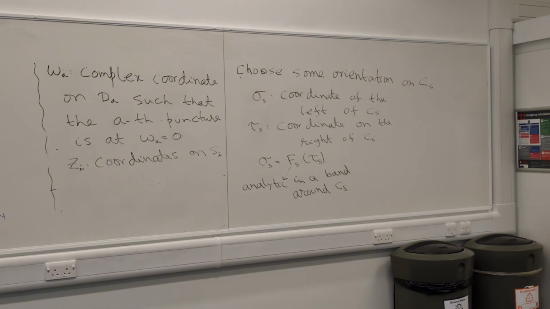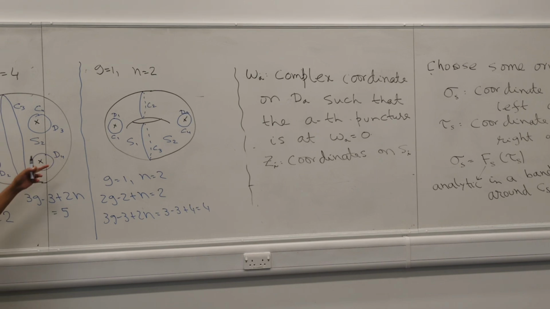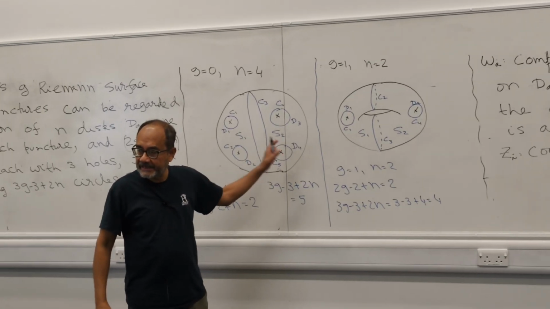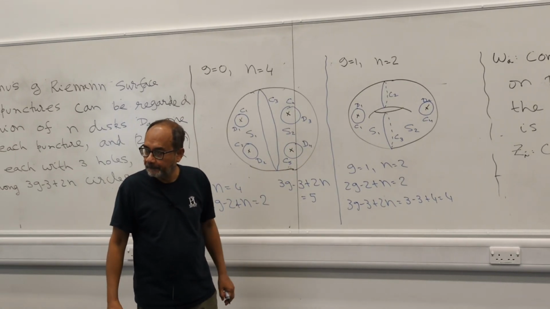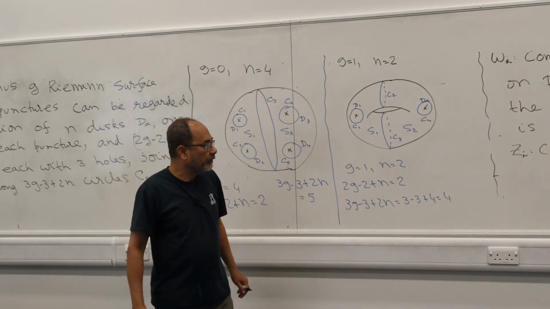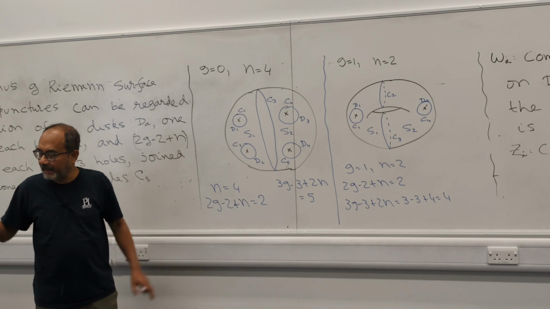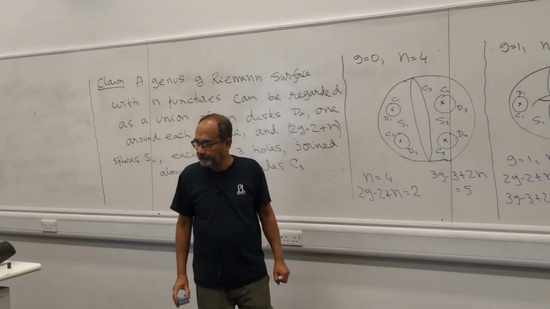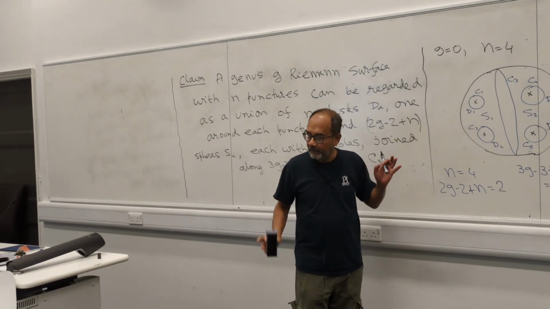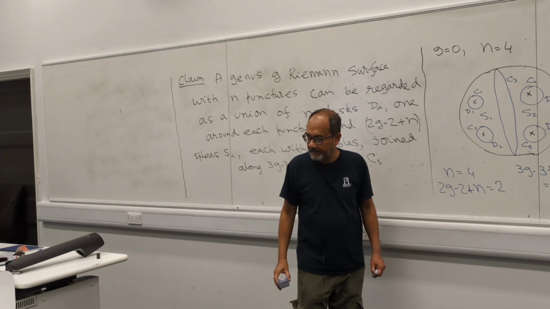No, no, no. Spheres are the Si's, two-dimensional surfaces, right? The Si's are the spheres with holes, right? So at this stage, we are all in two dimensions, right? We will see how the 6g minus 6 plus 2n comes. We will not describe how it comes, but we will see how to introduce coordinates in that space.